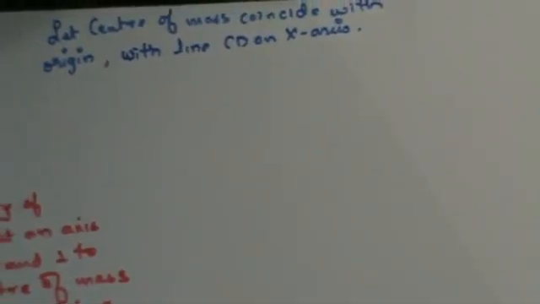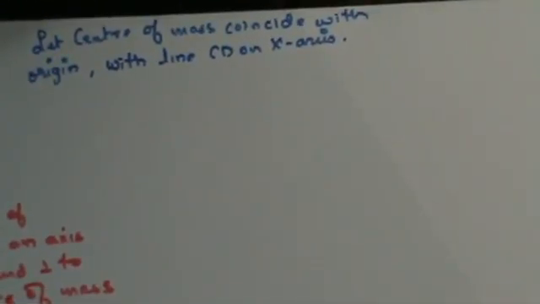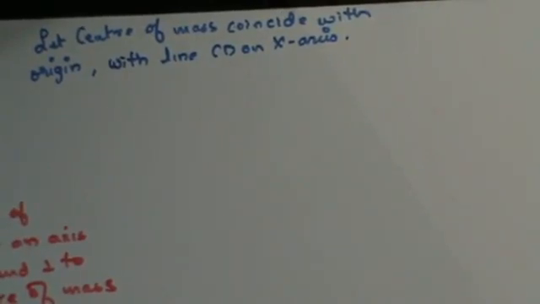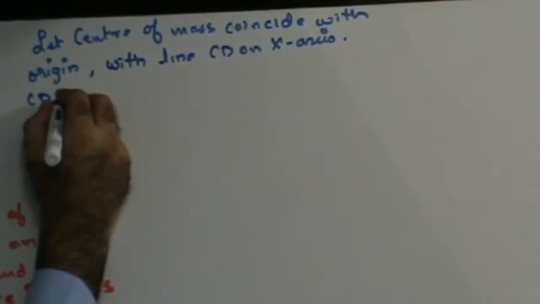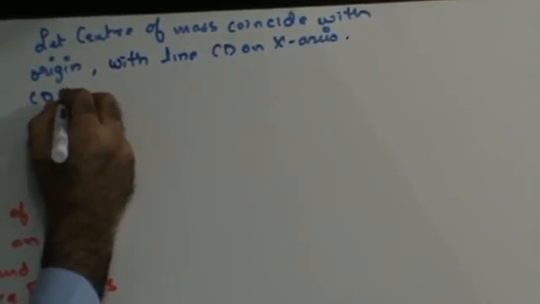Right, in which case I can say that CD will be the x coordinate of dm. If it's on the x-axis, CD will be the x coordinate of dm.